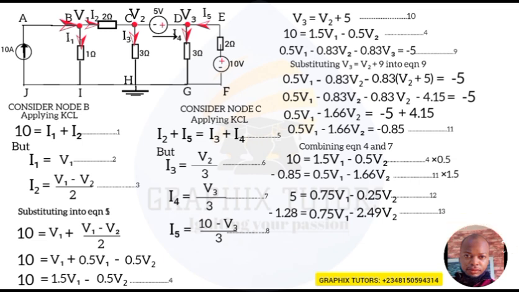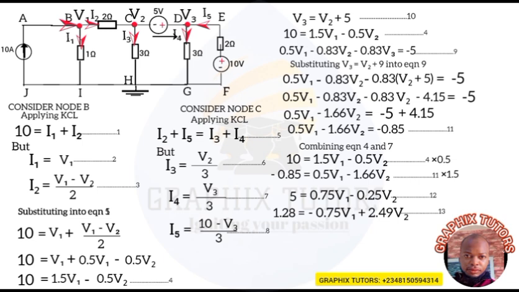So if you multiply equation 13 by minus 1, you'll be having plus 1.28 equals minus 0.75 V1 minus times minus gives you plus 2.49 V2.